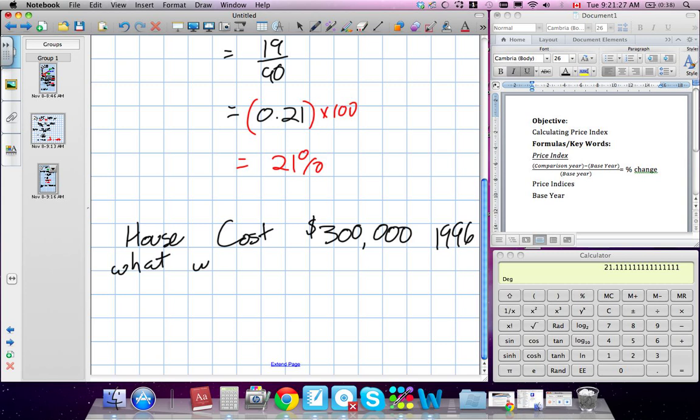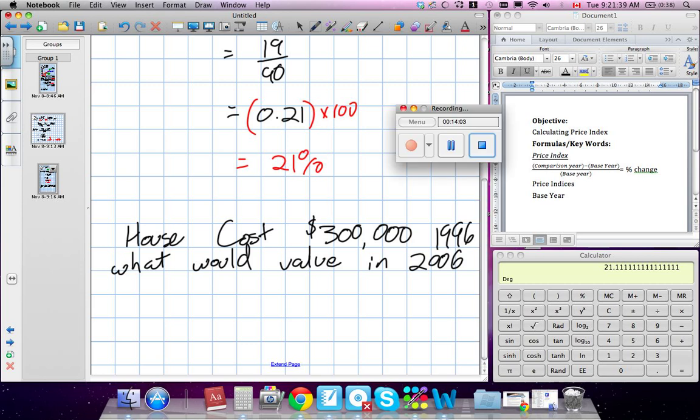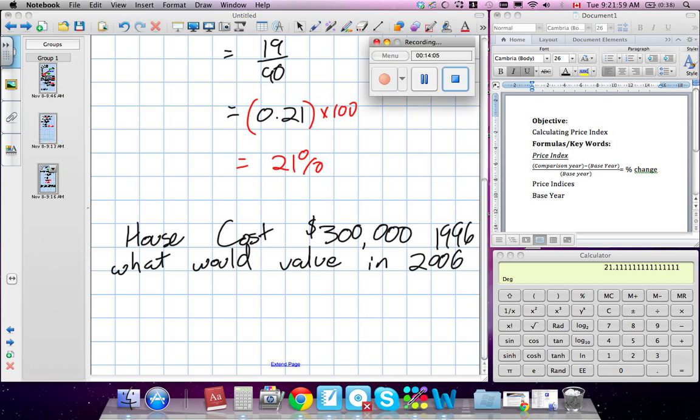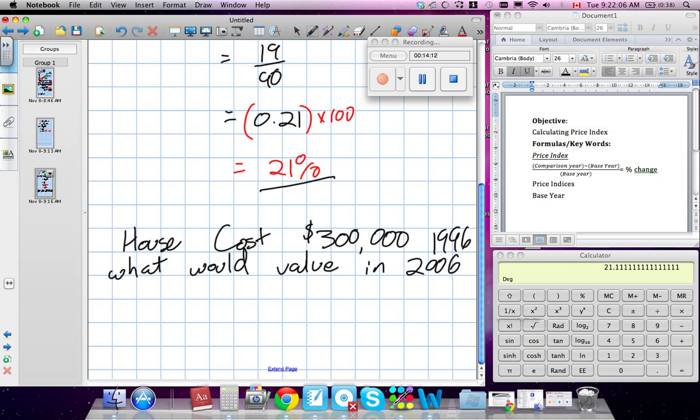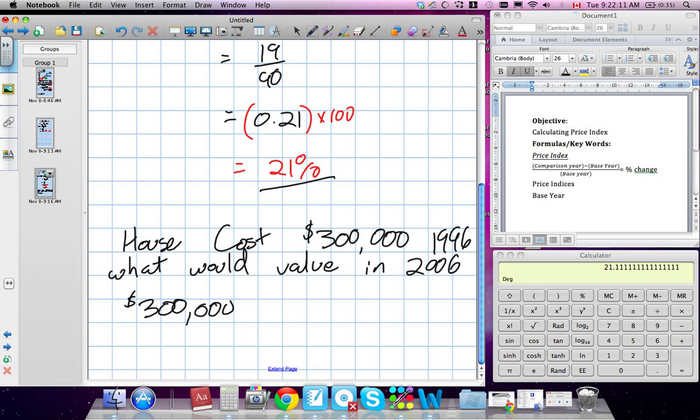What would the value be in 2006? How do I solve this? We multiply the percentage change. We know the percentage change is 21%. So we take the number, 300,000. I can multiply it by 0.21.